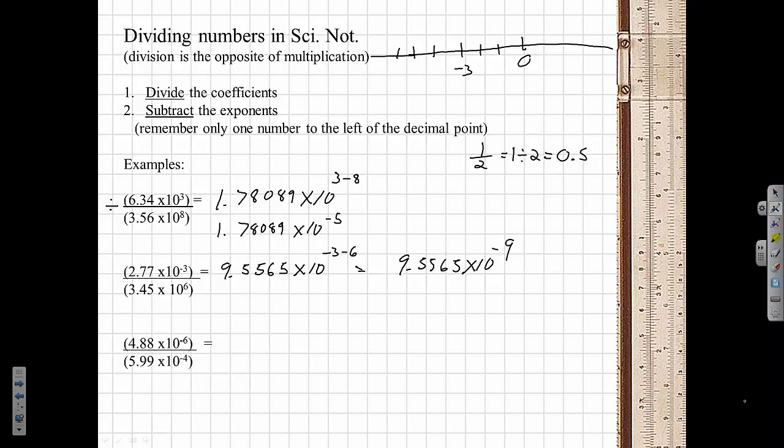Last one here, 4.88 divided by 5.99 gives me 0.8. What did I just do? This is an error. I think I multiplied these guys. Let me erase that. The exponent is right, but this coefficient is not.